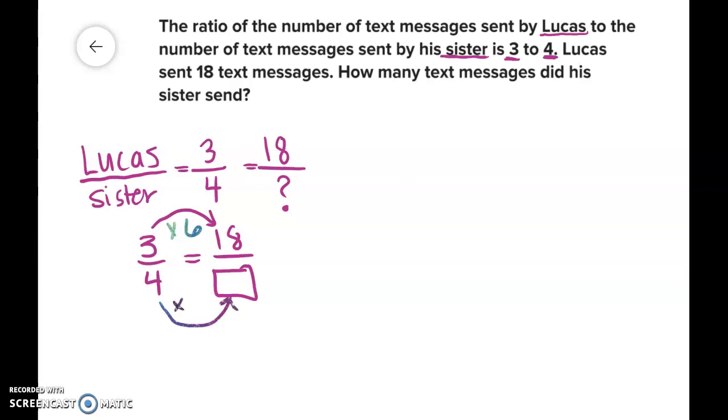I would multiply that by 6, and that keeps the relationship proportional. And so 4 times 6 is 24. So if Lucas sent 18 text messages, that means that Lucas's sister sent 24.